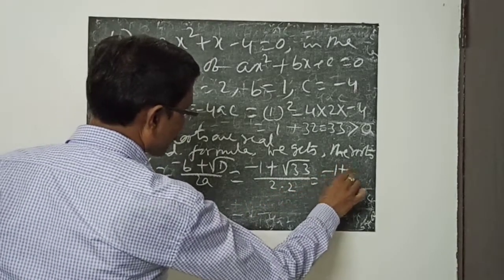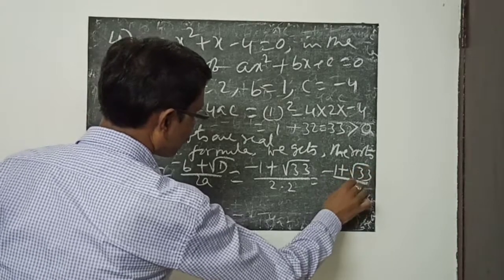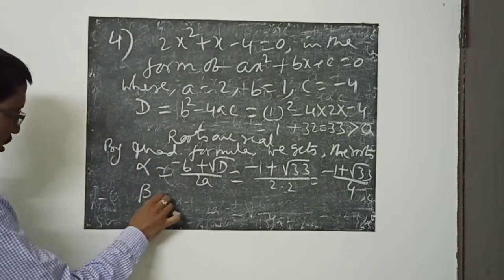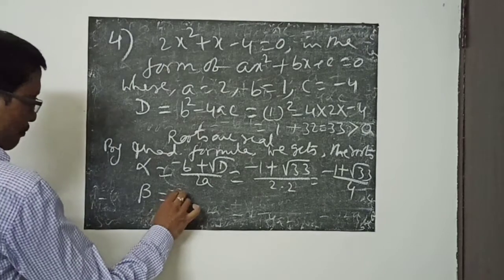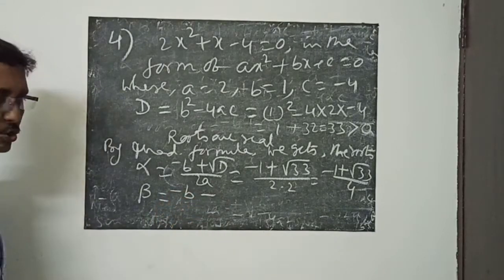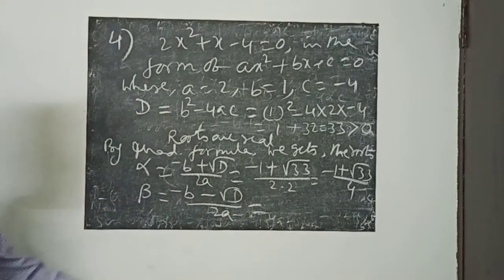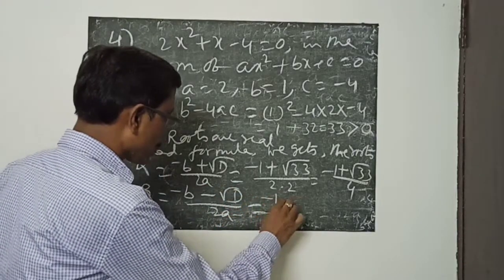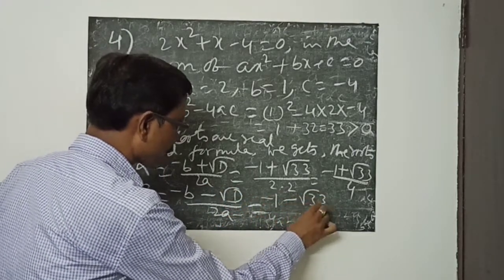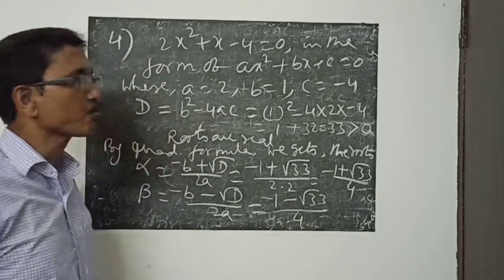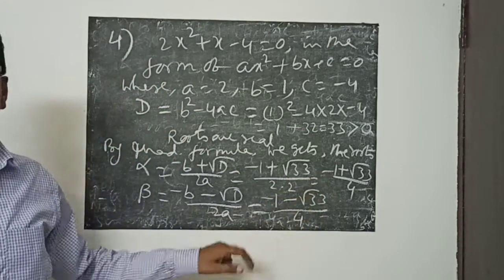So alpha is minus 1 plus root 33 by 4. Similarly, the second root beta equals minus b minus root D by 2a, which is minus 1 minus root 33 by 4. In this way we got the two roots.